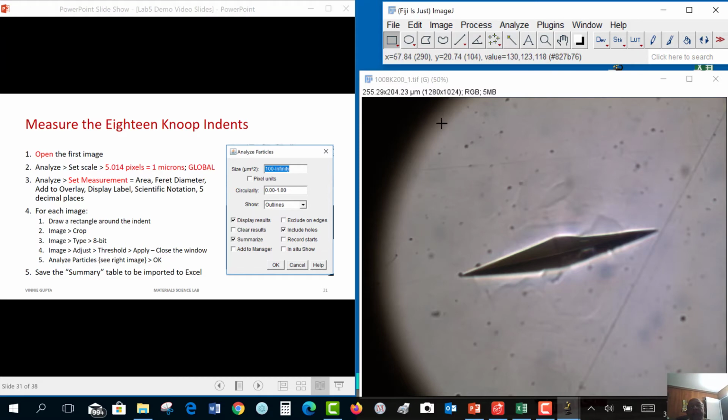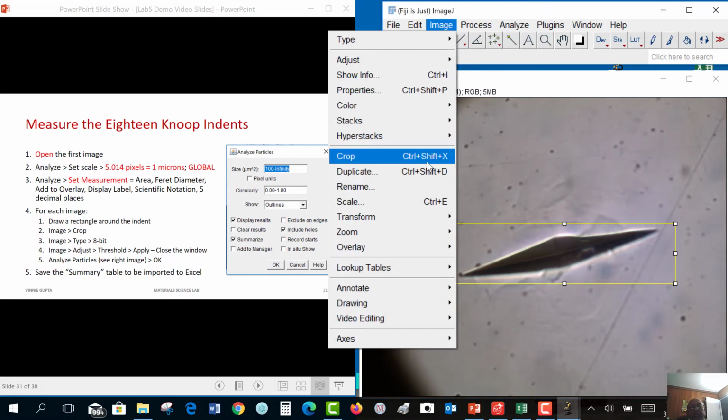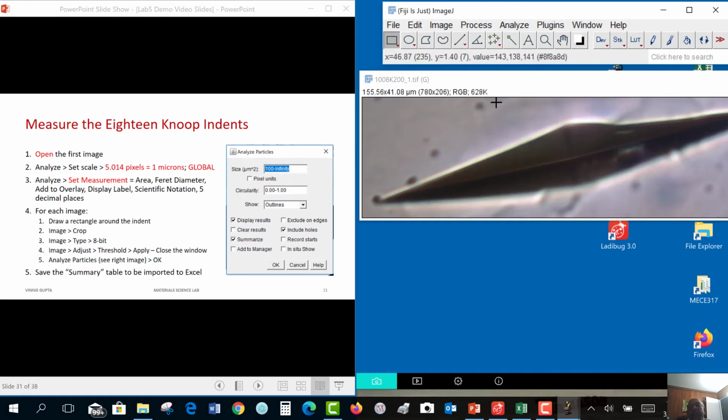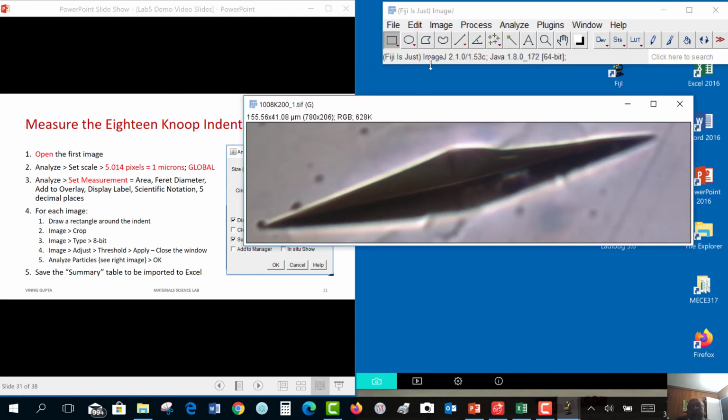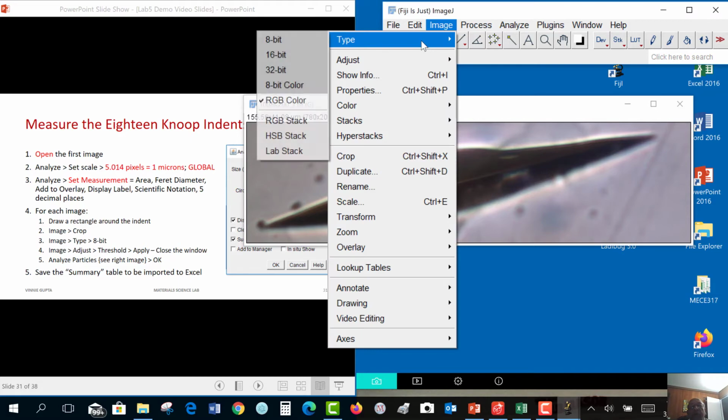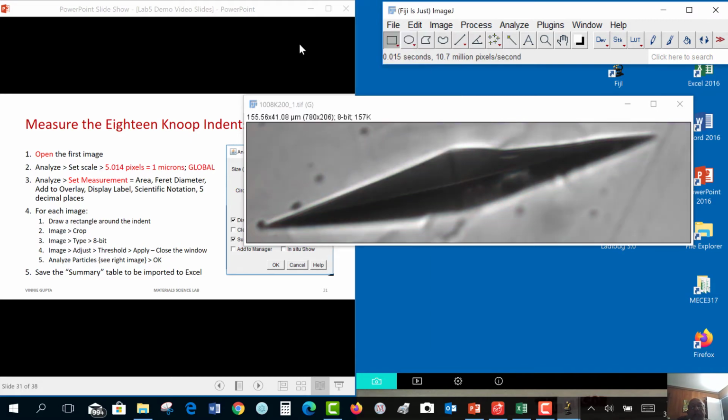Next, for each image, I'm going to crop the image. So I'm going to capture this indent in a rectangle and crop it. Since this is a color image, I'm going to change it to 8-bit gray level.